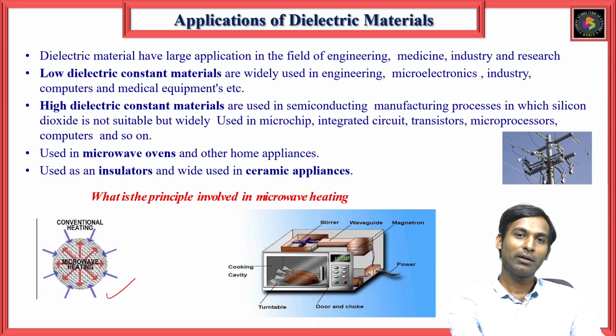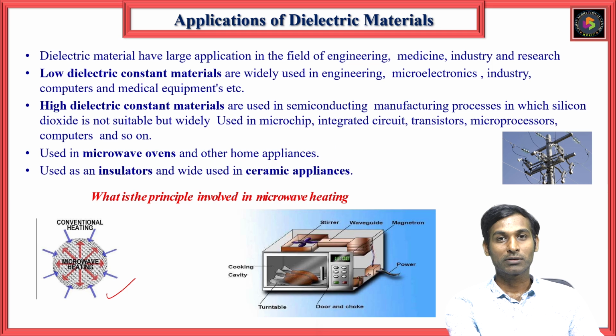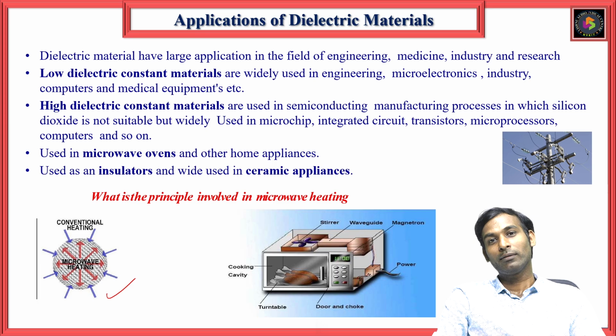Conventional cooking is a much longer process, and we have to add external heating also. In my point of view, conventional cooking takes a larger time, about an hour or half an hour, while microwave cooking takes very little time to prepare food. That is why we are using the microwave oven.